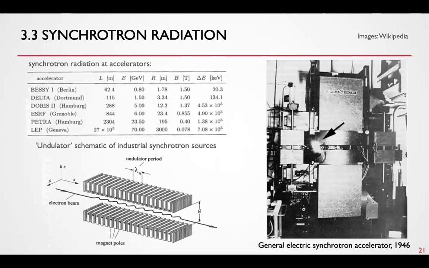What people really do is guide the electron beam, for example, upon ejection through an undulator. An undulator is an alternating arrangement of magnetic poles. It makes a wiggle on the electron path, and from this acceleration, you can calculate the synchrotron radiation similarly as we've done before.